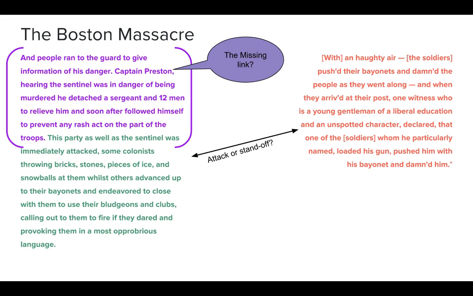And so we have to chase Captain Preston's actual recollection or account of the Boston Massacre to get maybe a third opinion. Now, the risk we run is that we know that Captain Preston is in defense of the British, so we might read this and find that he's also just in defense of the British, but it may be a more reliable source because he was there and he was giving the orders.